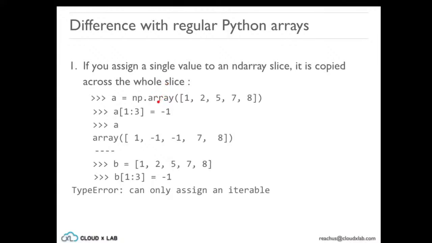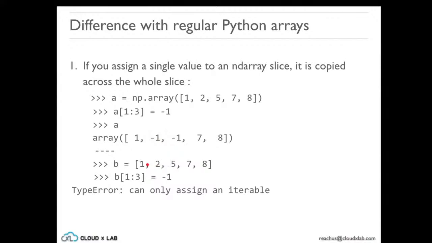Now what we can do in NumPy, and this is a difference between NumPy and a normal array, is that I can overwrite a certain slice completely. For example, if it's a NumPy array and I say a[1:3] = -1, everything between, so basically items 1 and 2, will get reassigned to -1.